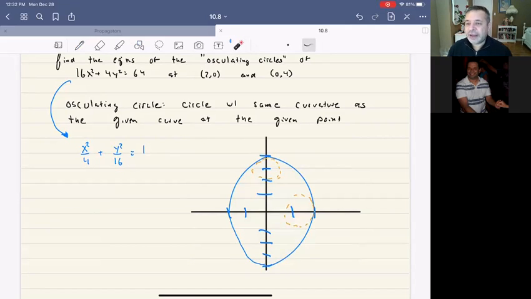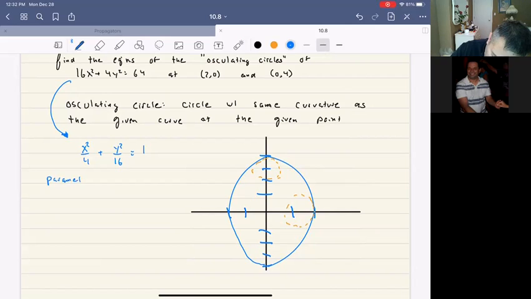First, we're going to have to parameterize this curve. Parameterize the curve, that's a standard problem. We've been doing this for a while, so if you don't get it, then we need to talk.